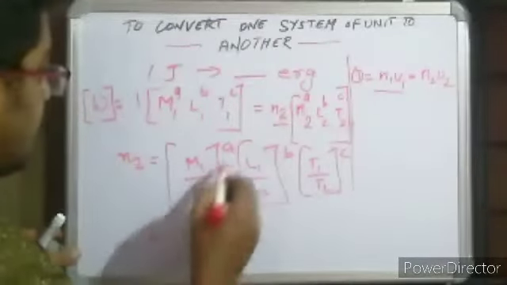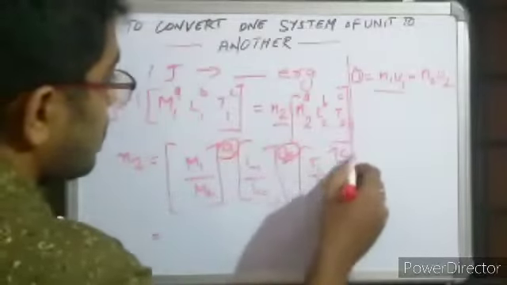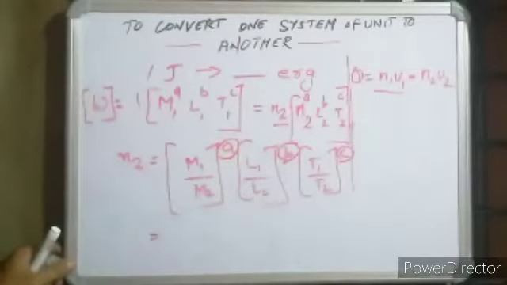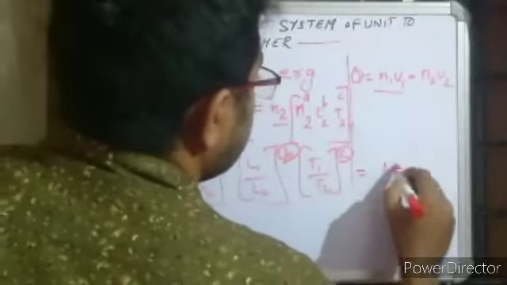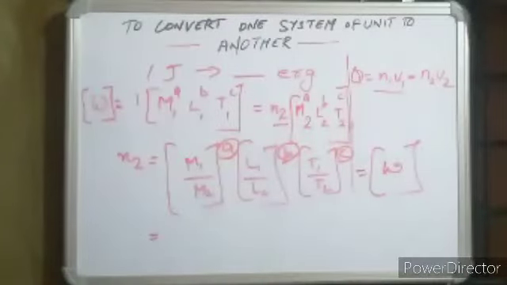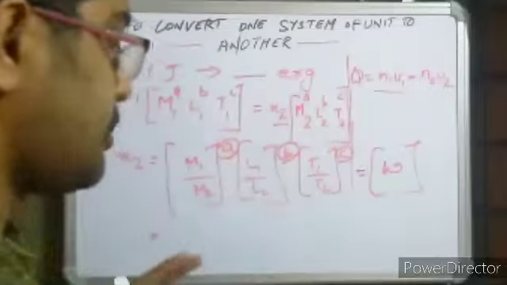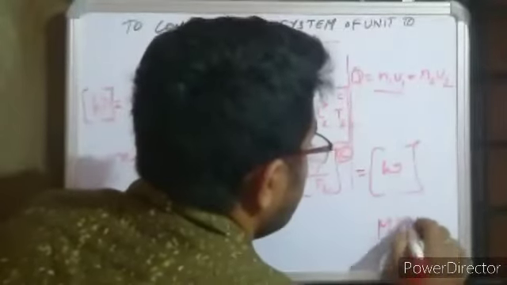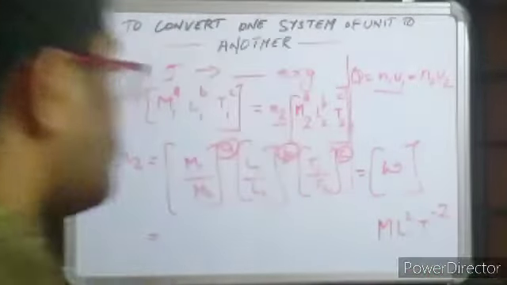Now you need to find what a, b and c are. For that, you know the dimension of work, which is M L square T raised to minus 2.